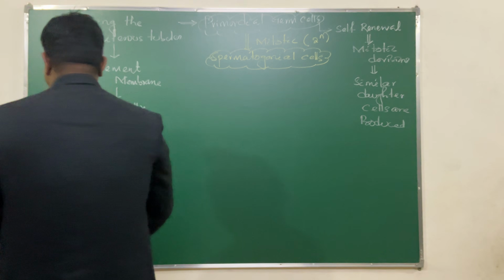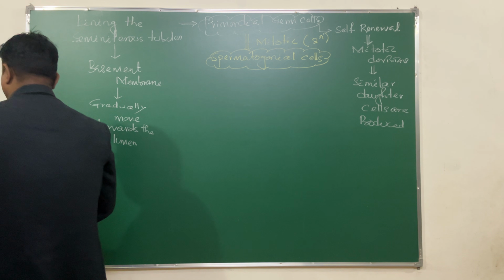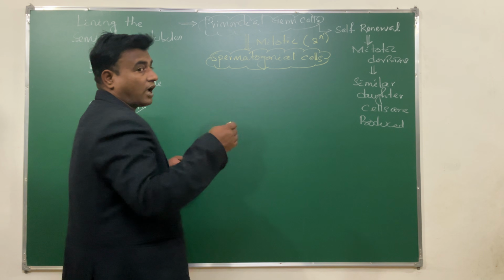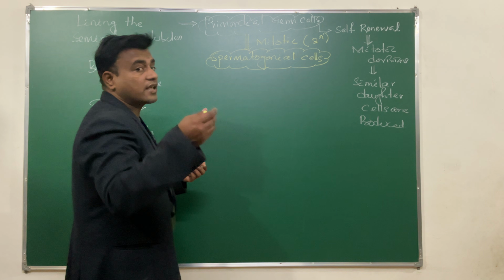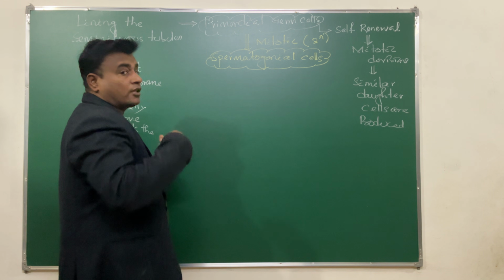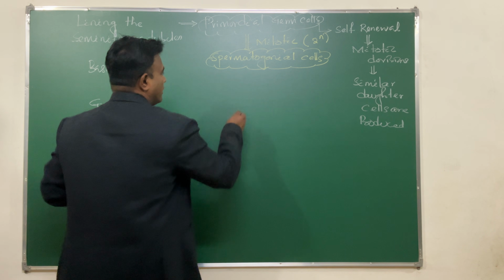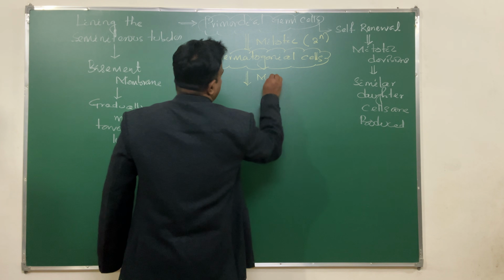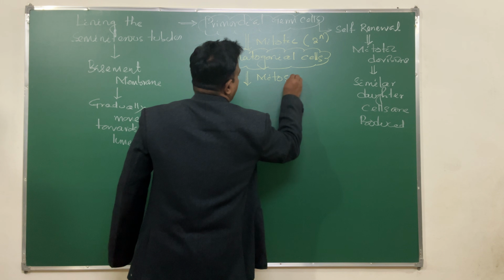And once these spermatogonial cells start dividing, they are going to further activate their downstream signaling mechanism inside them, which will acquire the process of further division. That means these spermatogonial cells further undergo mitosis.